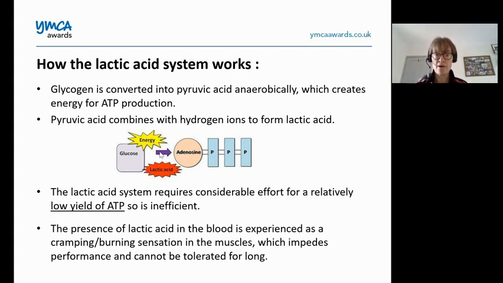You can see in the image there, the breakdown of glucose provides the energy for ATP to be reformed, but we create lactic acid as a byproduct. It's not a terribly efficient system because it requires a lot of effort for quite a low yield of ATP, so definitely not an efficient system. And as we get that buildup of lactic acid in the blood, we get that cramping and burning sensation, which impedes our performance and will force us to slow down.